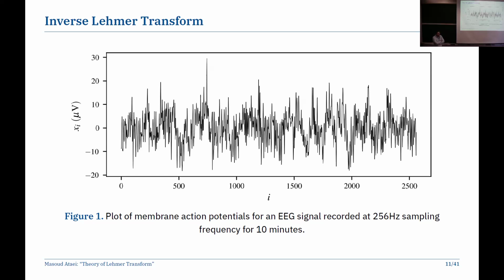Right. I will actually get to that part of applications in the third part of the talk. We will see the direct connection with the brain and how we can interpret these results within the context of biological signal. First, I'm just going through the mathematical background here, tools that we develop, and then I will show the connections.